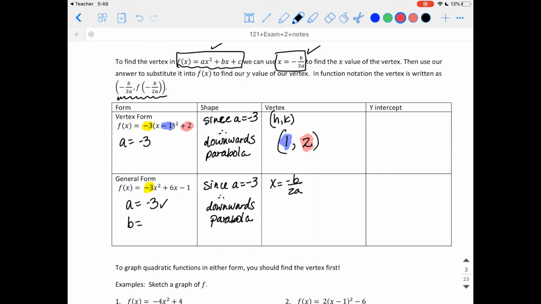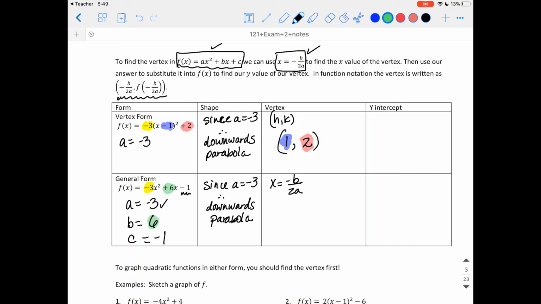The b is going to be 6, and it is always the number being multiplied in front of just the x to the understood power of 1. And what the heck, we're going to go ahead and do c. The c is always going to be that constant that doesn't have a variable attached to it. So it's going to be negative 1.